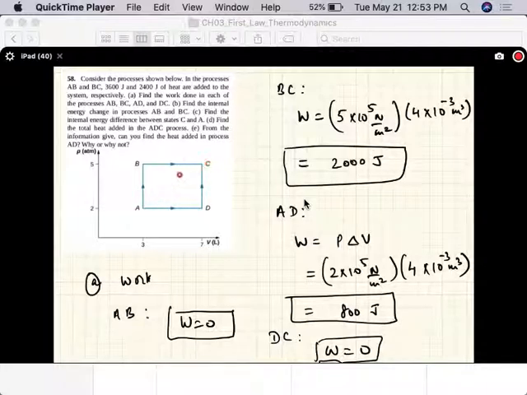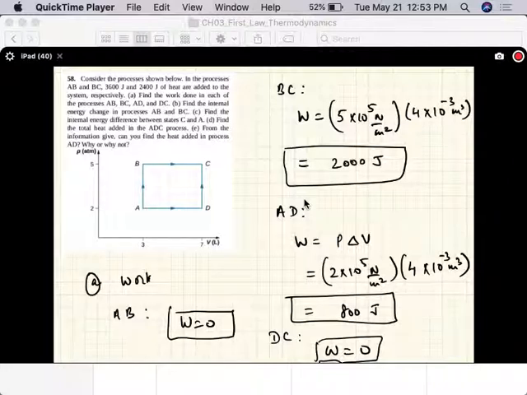Change in internal energy will be the same for the same endpoints, so the heat absorbed along this path will be greater than the heat absorbed along that path. That'll be the point. So work done and heat absorbed are path dependent, but change in internal energy is path independent. Okay?